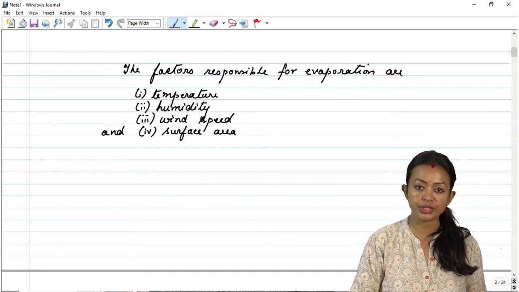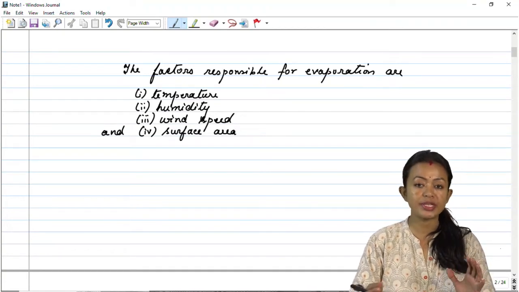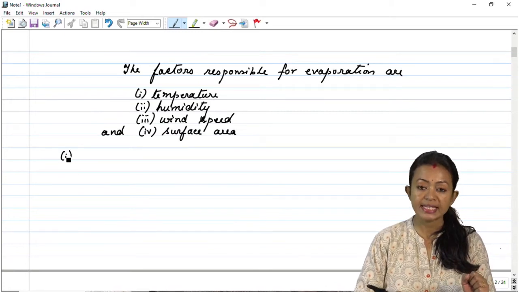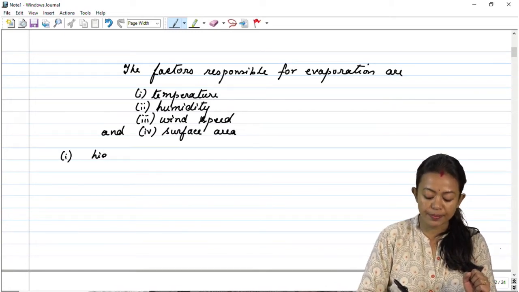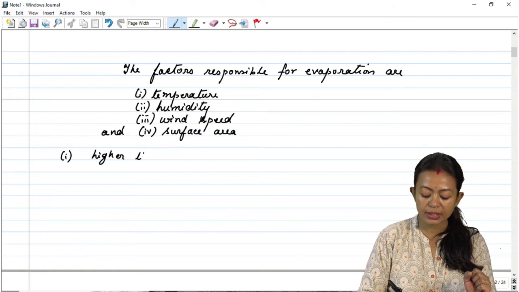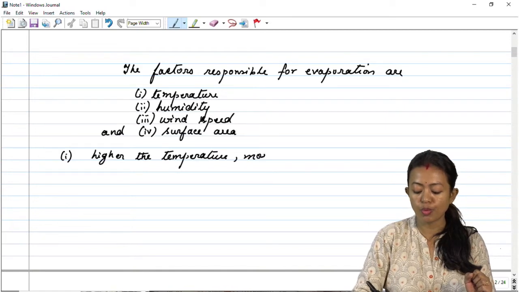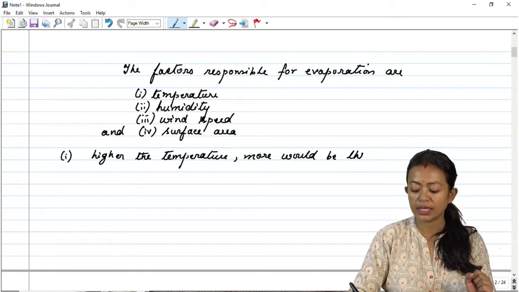Now what is temperature? How does temperature influence the rate of evaporation? Now when we take temperature, we find that the higher the temperature, the more would be the evaporation.